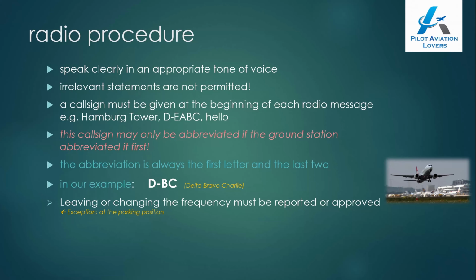This call sign may only be abbreviated if the ground station abbreviated first. The abbreviation is always the first letter and the last two. In our example, Delta Bravo Charlie. Leaving or changing the frequency must be reported or approved. The exception is at the parking position.